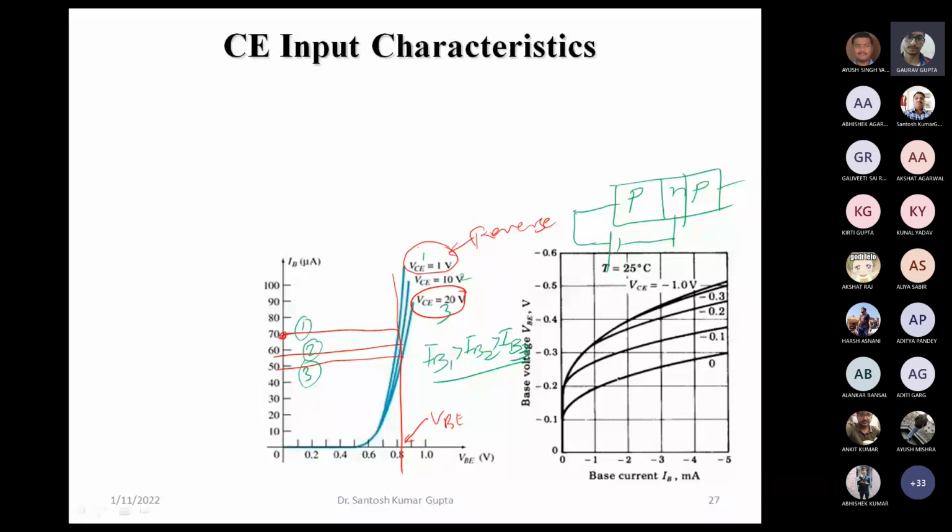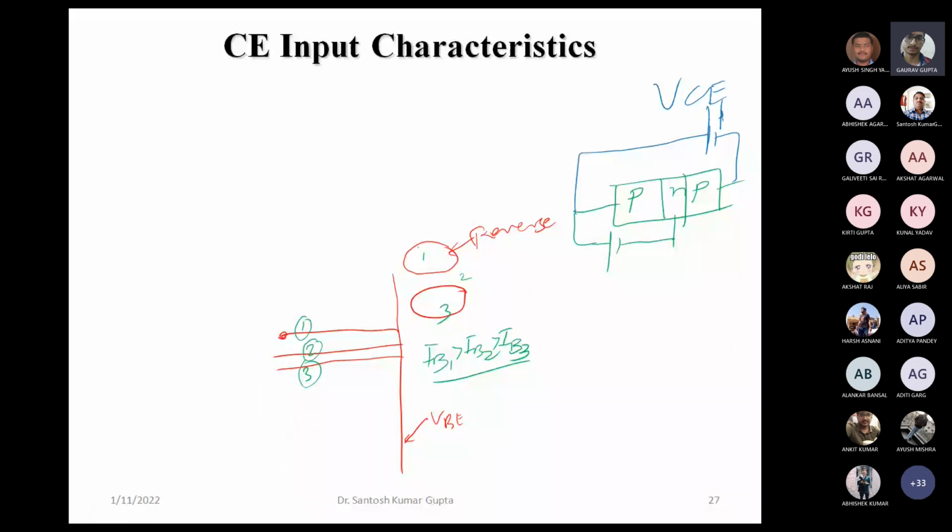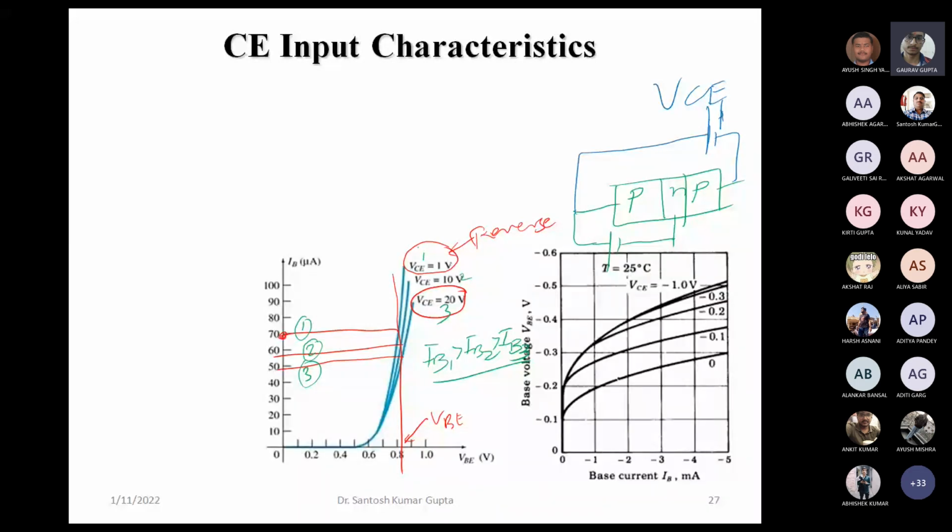So we apply another voltage here between collector and emitter. If the collector emitter voltage is less here, then we are putting a smaller reverse biasing voltage across the collector junction.